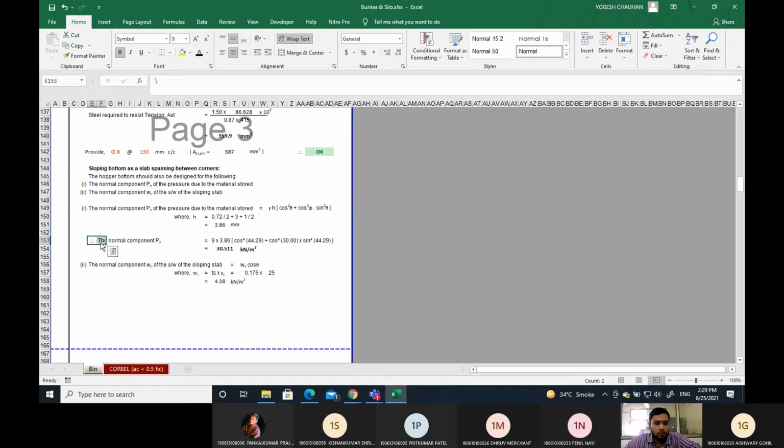So now you can find the normal component Wn of the self weight of the slab.